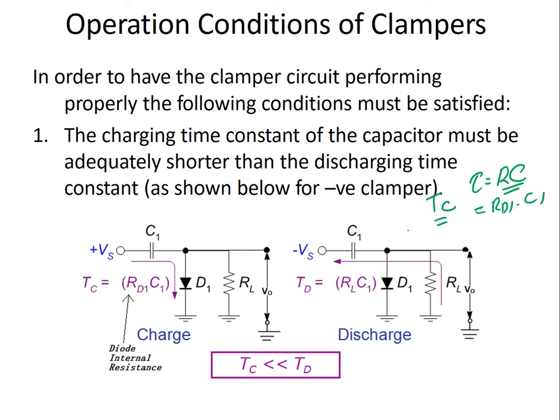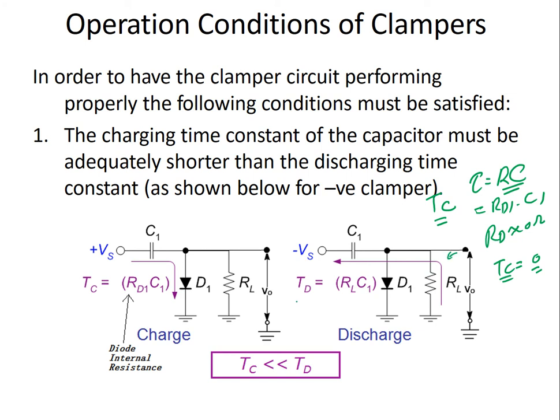For the ideal case, the diode internal resistance is usually 0 ohm. It means my charging time will be equal to 0, and 0 means the capacitor will be charged instantly. Now when the open circuit is happening, at that time the capacitor will discharge, so that will be the flow of the current here.